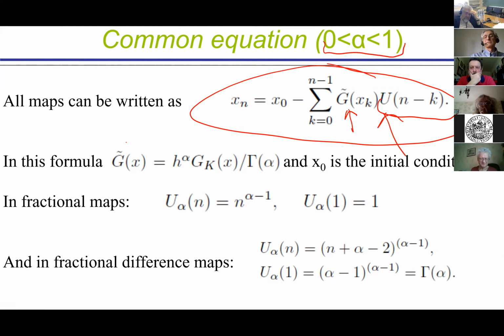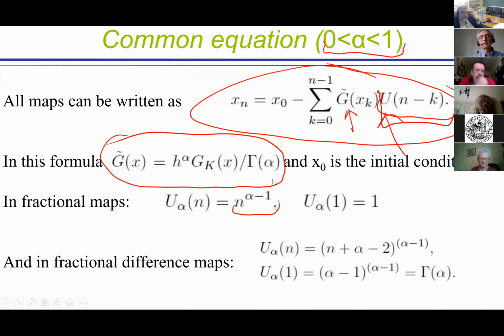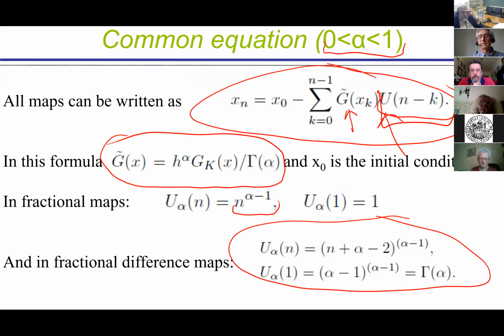Now, in relation to the introduced fractional and fractional difference maps, this G tilde is defined in the following way. And for fractional maps, this U is n to the power alpha minus 1. And for fractional difference, it's defined through gamma functions and falling factorial.